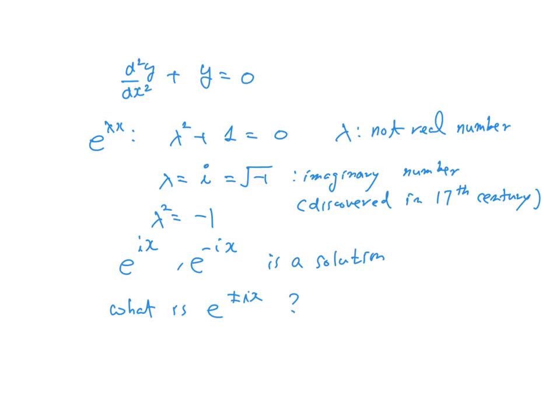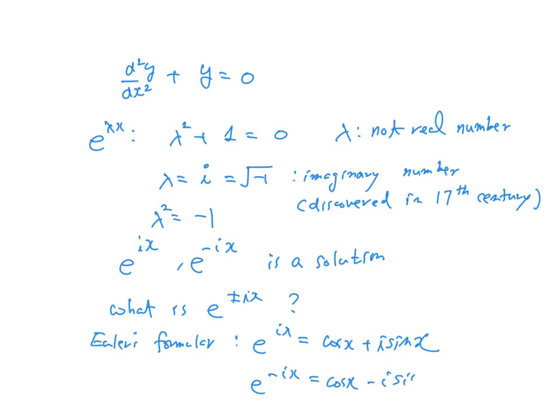How do you express the exponential with i in the exponent? There is Euler's formula. Exponential ix is cosine x plus i sine x. And exponential minus ix is cosine x minus i sine x.